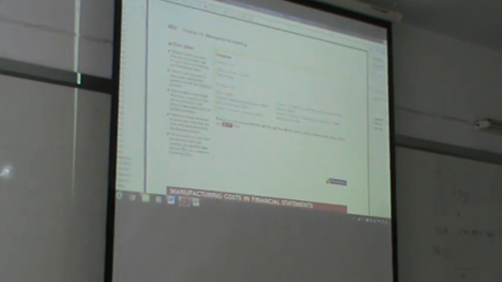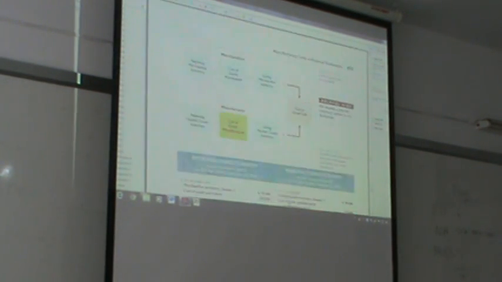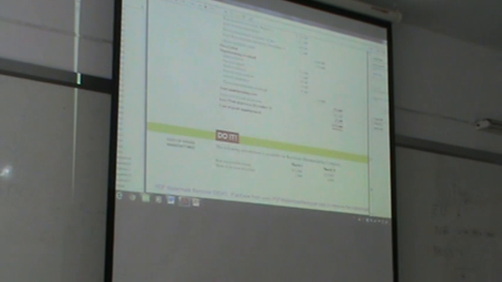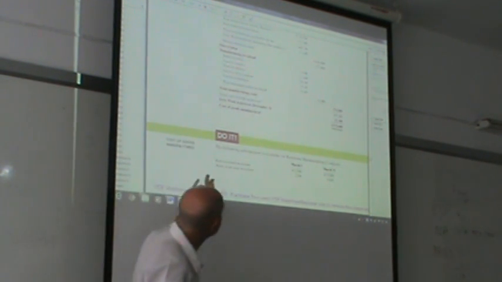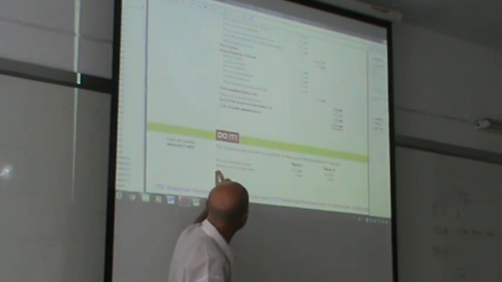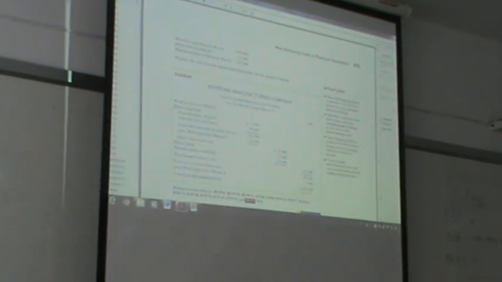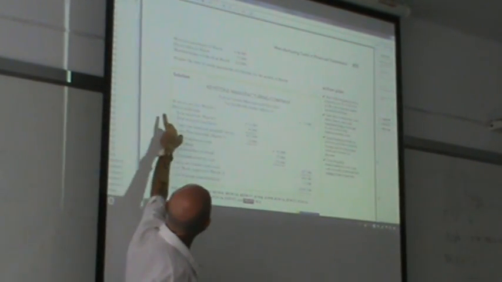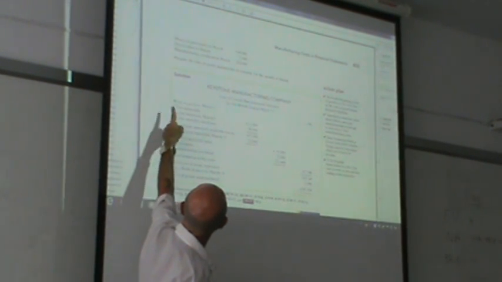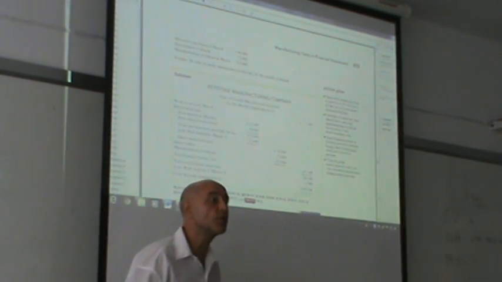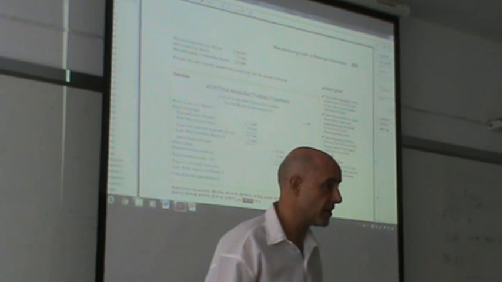You're going to see the chapter at the very end usually has, and it's very important, a big problem. So this is the following information which is available: raw materials, work in process, whatever happens. And this is what happens, and here is your solution. They show you how to do it, okay?